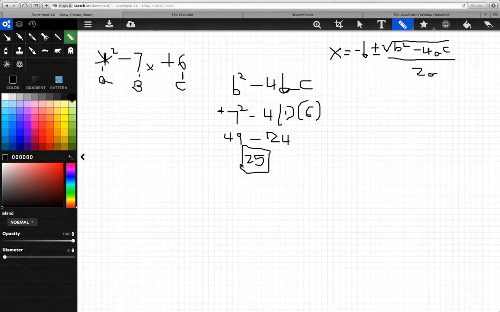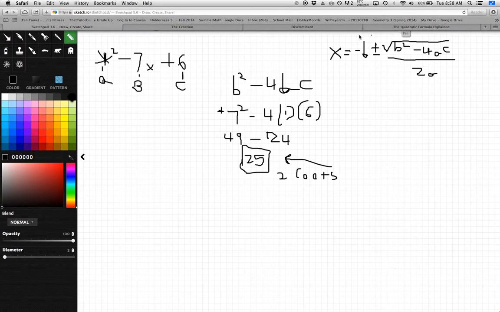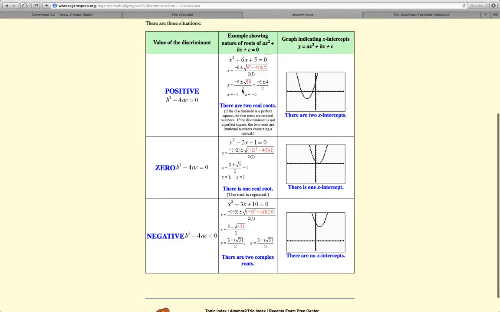That's a nice number. So by solving the discriminant, we have determined that this positive number is going to have two roots because it's positive, like it says right here. See, it's positive, two real roots.